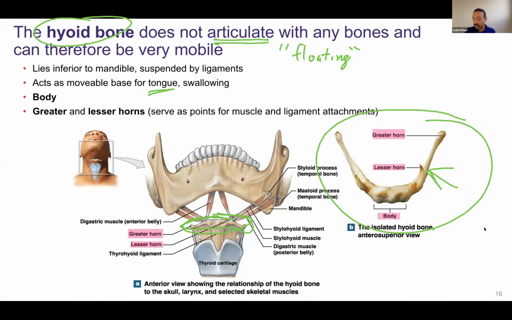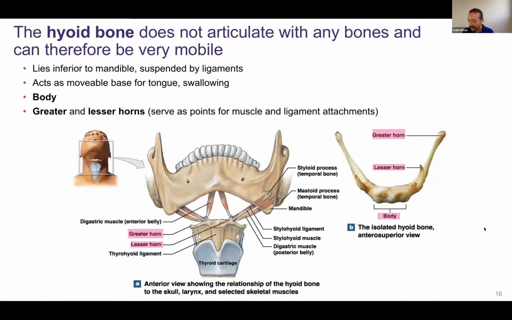You can swallow easily without any restrictions on movement. Muscles, including your tongue and the muscles for swallowing, are attached to the hyoid. Skeletal muscles need to be attached to at least one bone to cause movement. You need an anchor. And here's one of the bones that allows for tongue movement and for swallowing. We'll take a look at the body, the lesser horns, and the greater horn in complete anatomy.